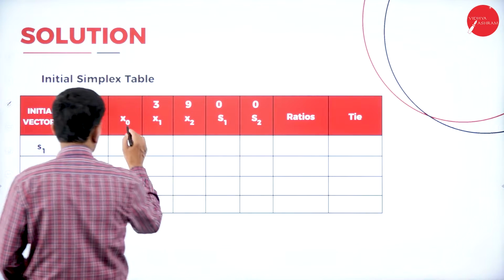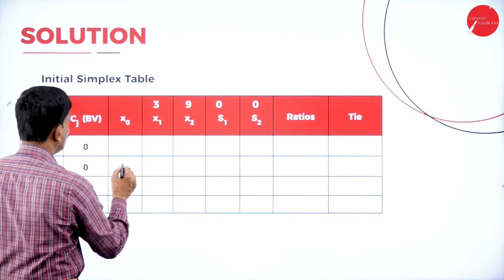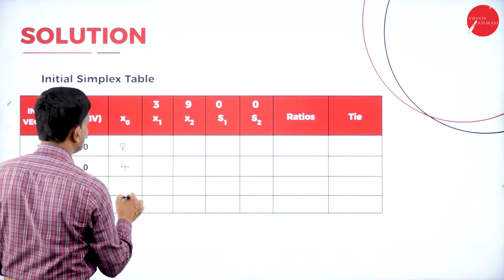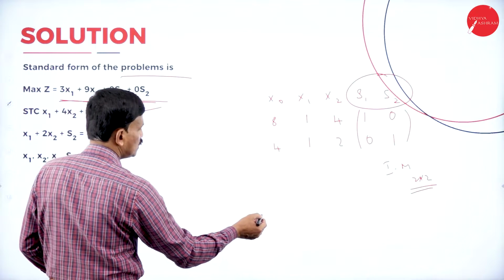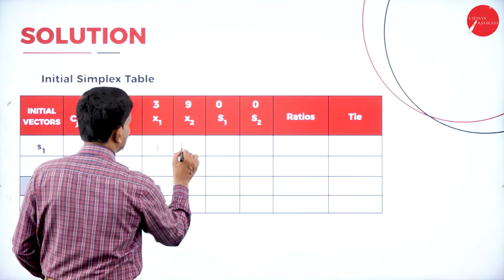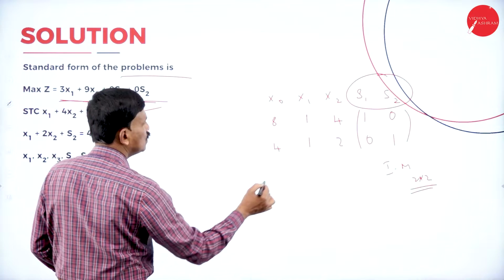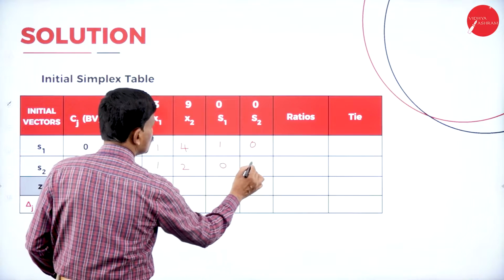Write down the values of x0; for the constraints they are 8 and 4. Then the values of x1, x2, s1, s2: for the first row 1, 4, 1, 0, and for the second row 1, 2, 0, 1.